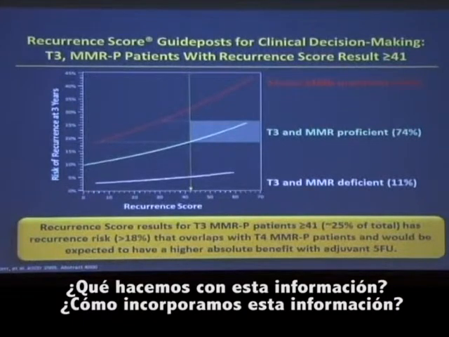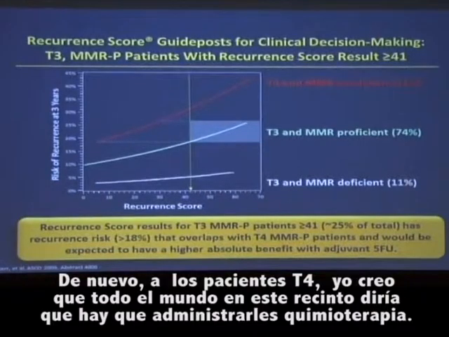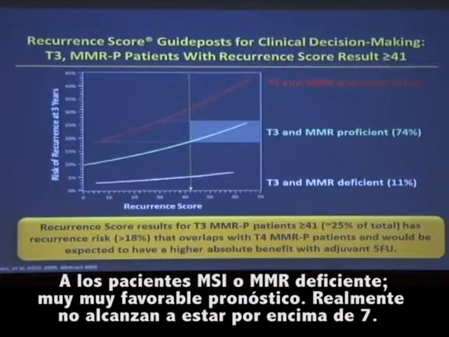Okay, so what do we do with this data? How do you incorporate this data? Again, T4 patients, I think everybody in this room would argue that we need to give them chemotherapy. MSI or defective mismatch repair patients, very, very favorable prognosis. Really doesn't go above 7, okay?